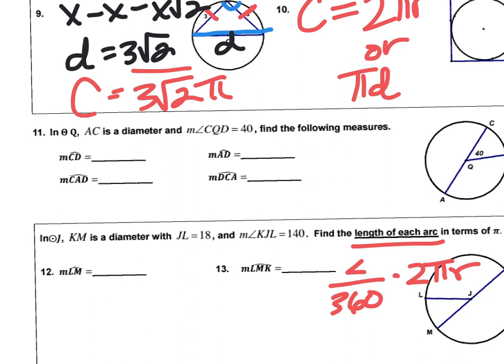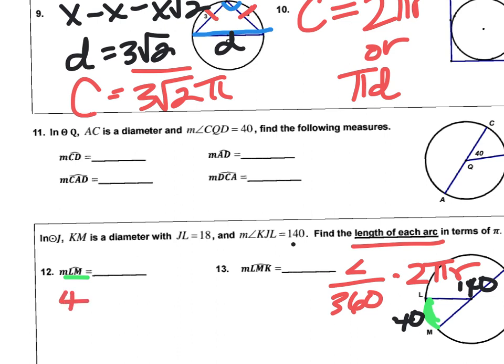On this problem, they want you to find the length of LM, this curve right there. You had to use the given 140 for this central angle, which means this piece would have to be 40 because there's a diameter there. I worked this out on the partial key.